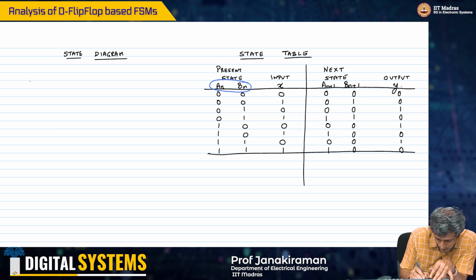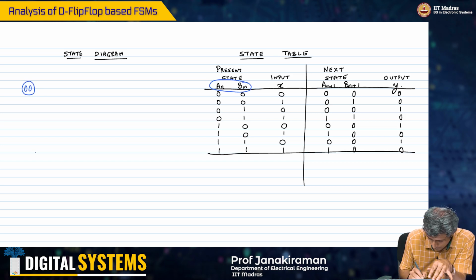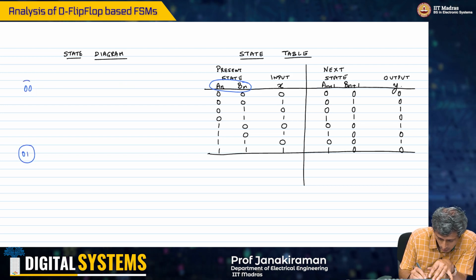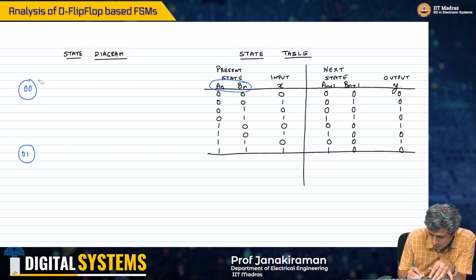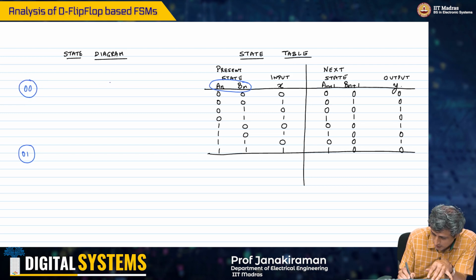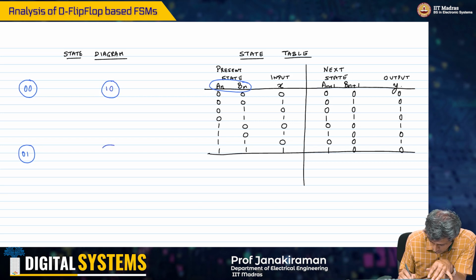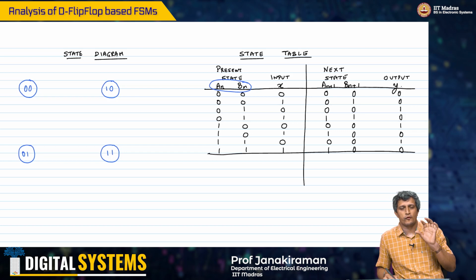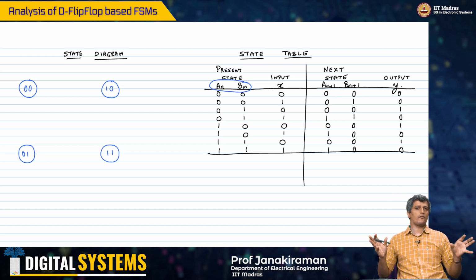So I will define this state as 00, 01, 10, 11. These are my 4 states of the combination of An and Bn.